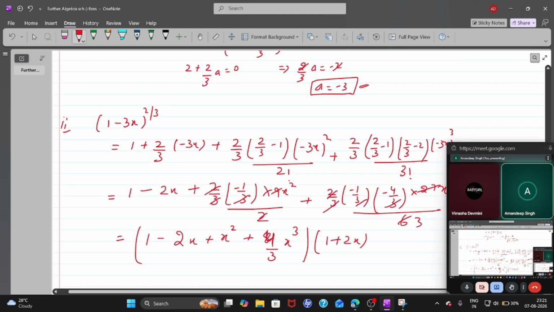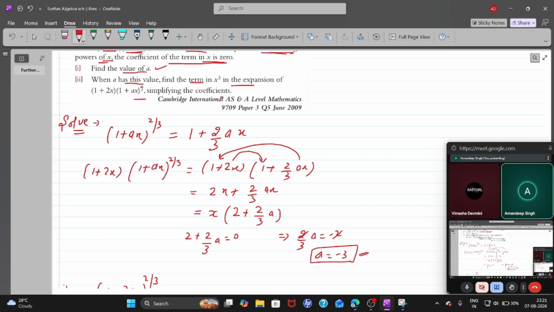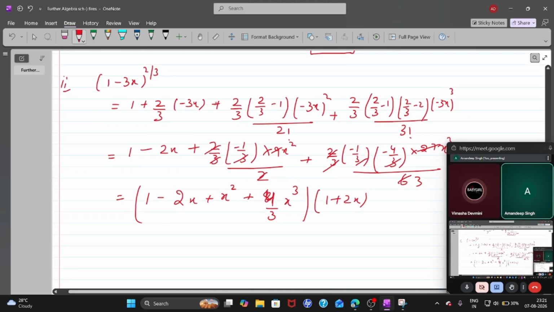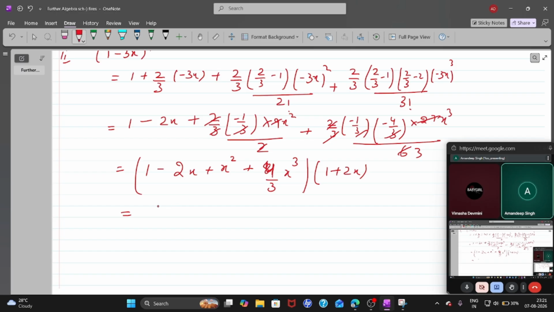Yes, please check it. By the way, in this question, we have to find the term in x cube, and simplifying the coefficients. See, you are using the calculator and I'm doing it without a calculator. Still you are getting it wrong.